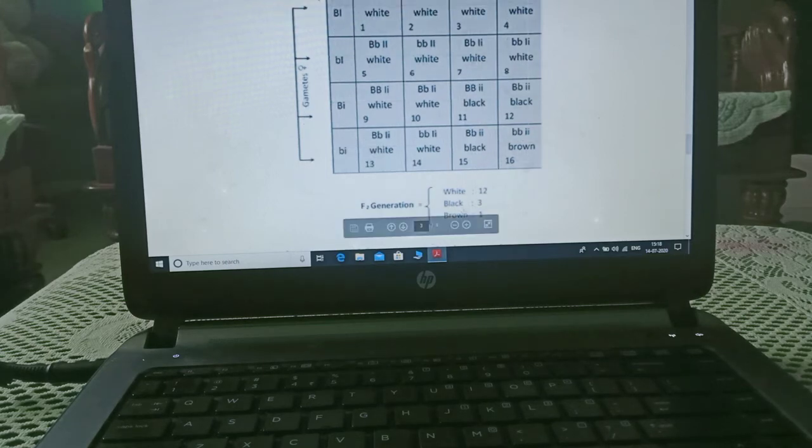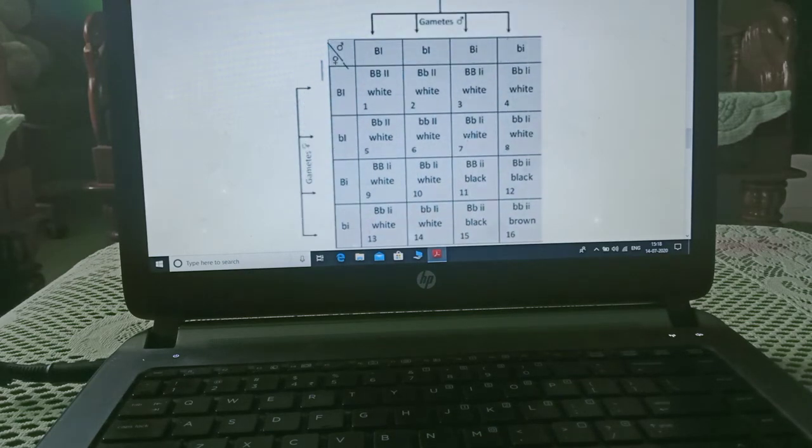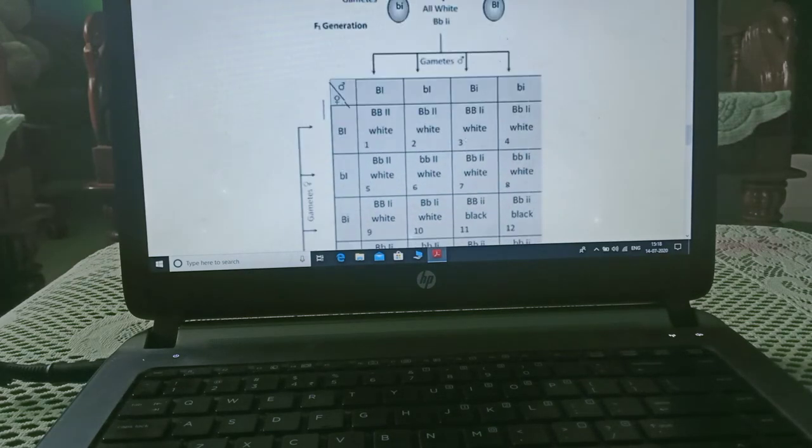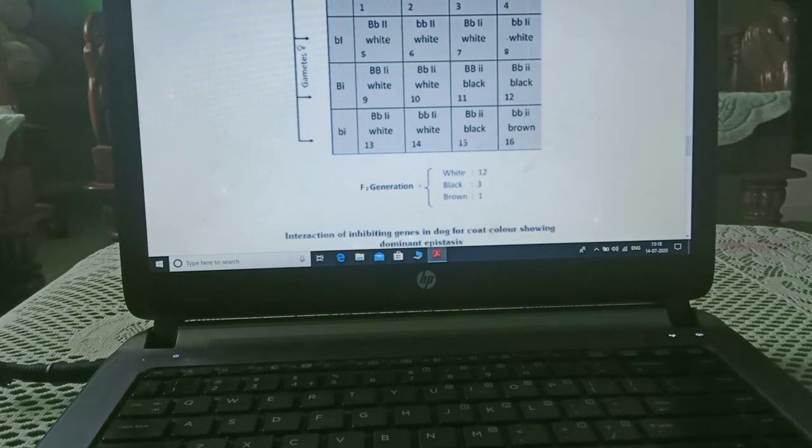So the result was 12 white dogs, 3 black dogs and 1 brown dog, and their coat color, meaning skin color, is showing dominant epistasis.